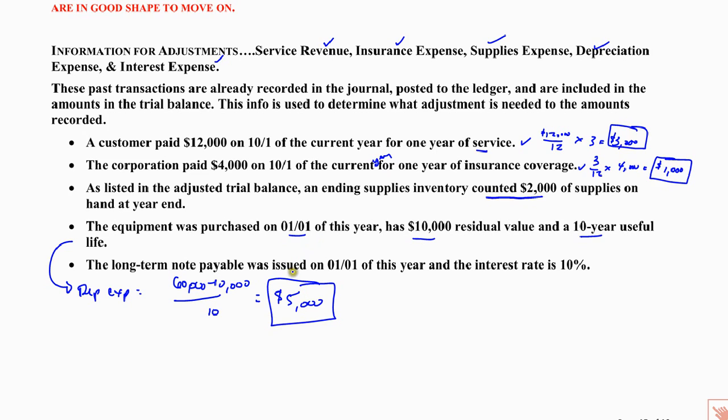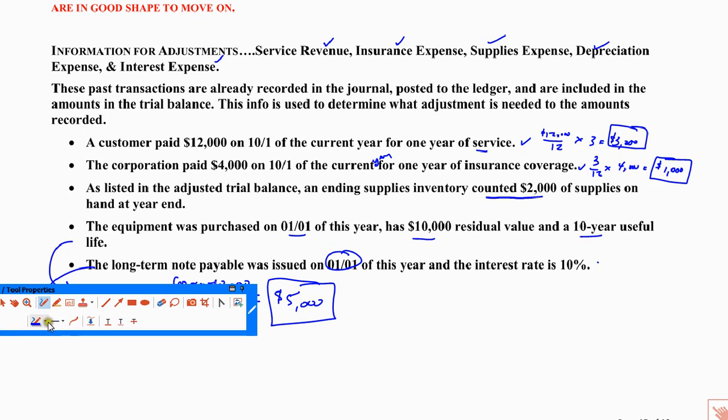And the long-term note payable was issued on 1/1 of this year, and the interest rate is 10%. So it's a full year. We don't have to do a partial. So let me get a different colored pen here.